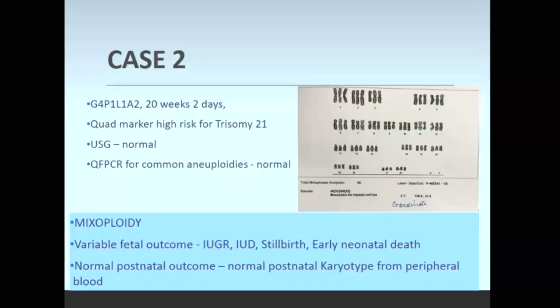Then why amniocentesis, why not CVS in the next pregnancy? Because in these types of triploidy, sometimes the placenta is triploid and the fetus is completely normal. In that case, CVS will lead to false positive results. And in general, if the risk of recurrence is 1% or less, we would always prefer amniocentesis.